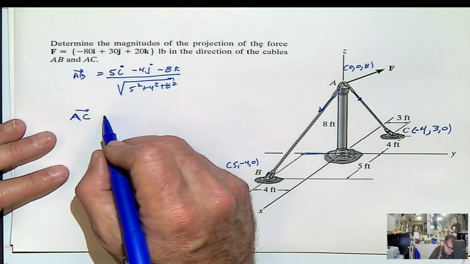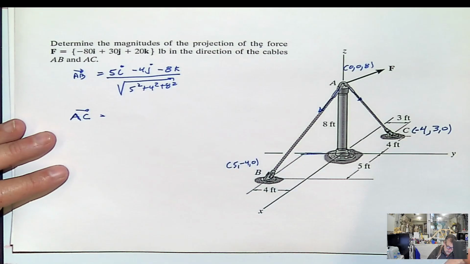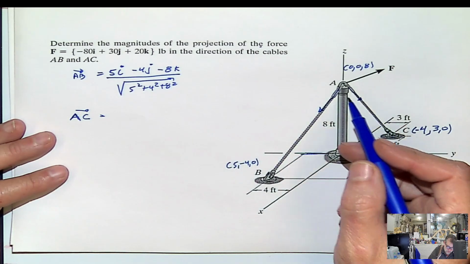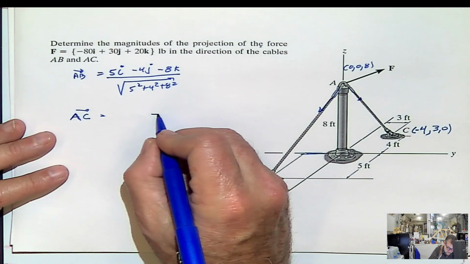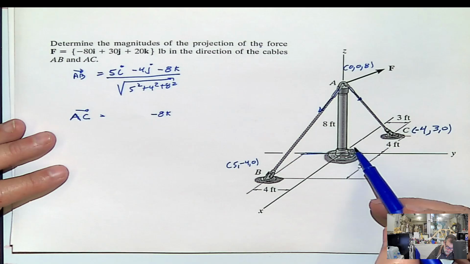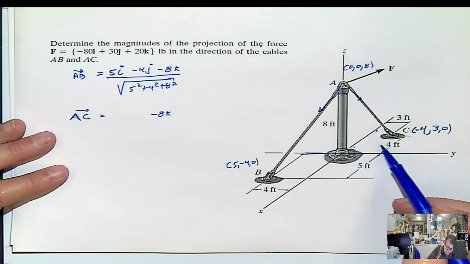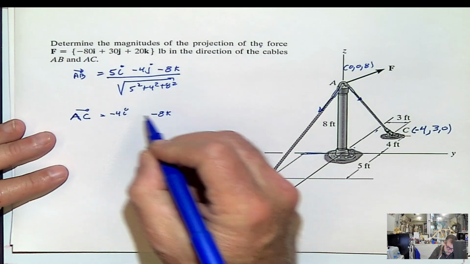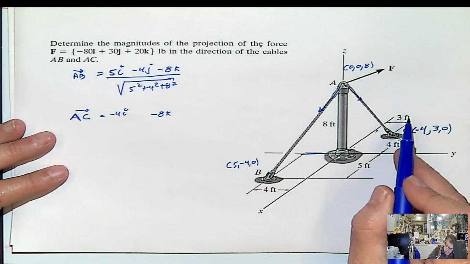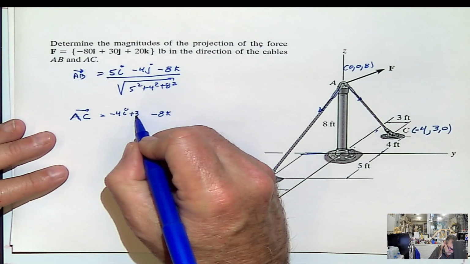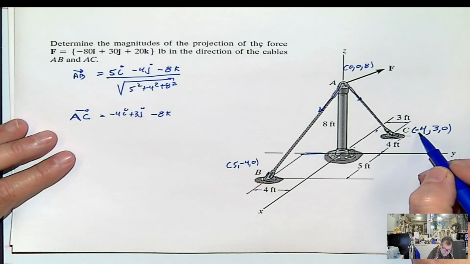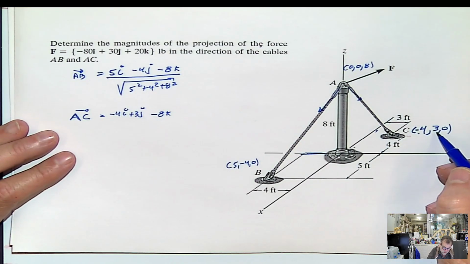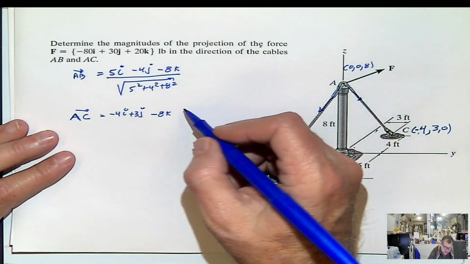But if I run the vector, look, this is going to be negative 8, and then I have to go backwards 4, which means negative x, and then I have to go to the right 3, which is positive j. Now, if you subtract the coordinates, you're going to get the same thing. Look, negative 4 minus 0 is negative 4, 3 minus 0 is 3, 0 minus 8 is negative 8.